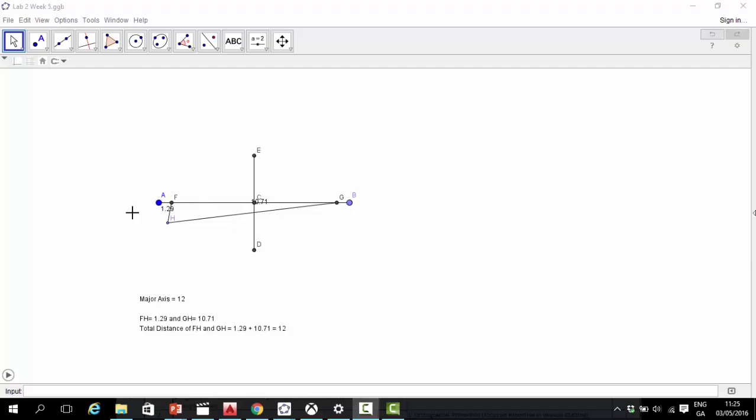I'm just going to show you how, no matter where the point H is on the ellipse, if it's joined to FH and to GH, if you add FH and GH together at any time, it will sum up to 12. So I'll just play it.